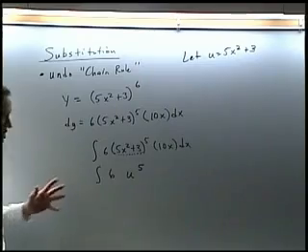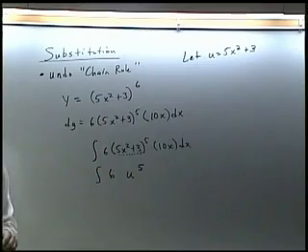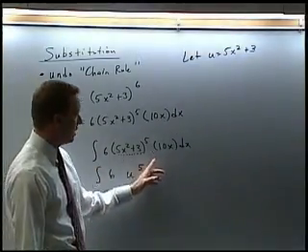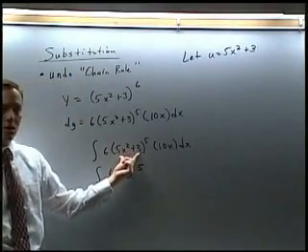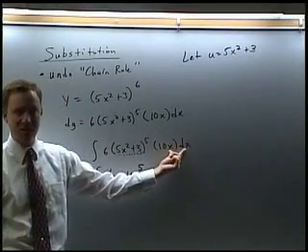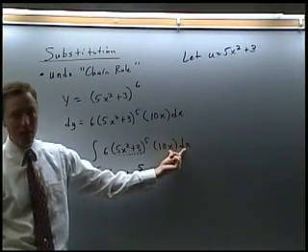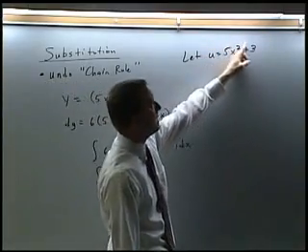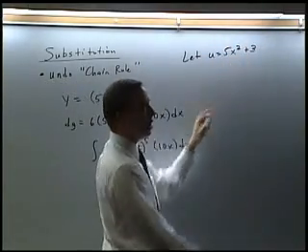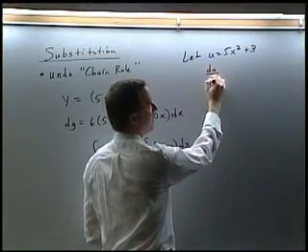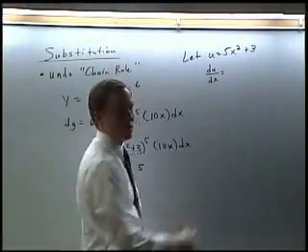Now the thing is, we just can't arbitrarily sub stuff in and call it good. If we're going to replace the x's here, we also need to replace the x's and the dx over here. So when we make a substitution, we also need to take the derivative of that substitution.